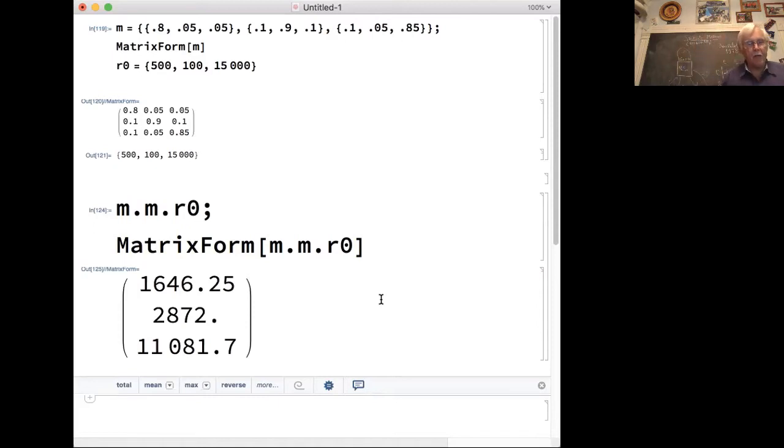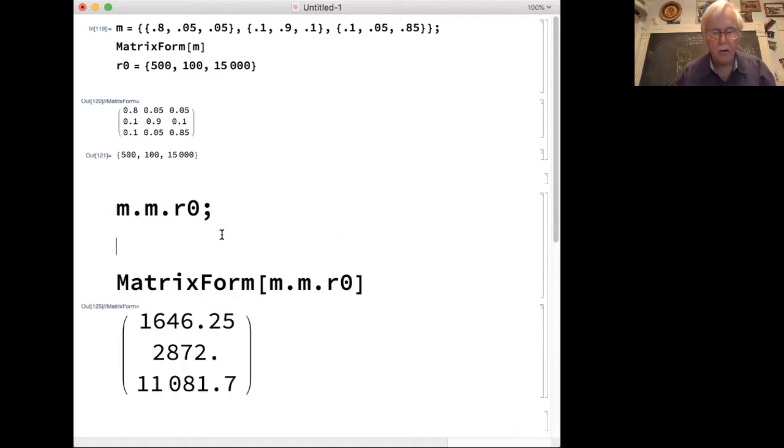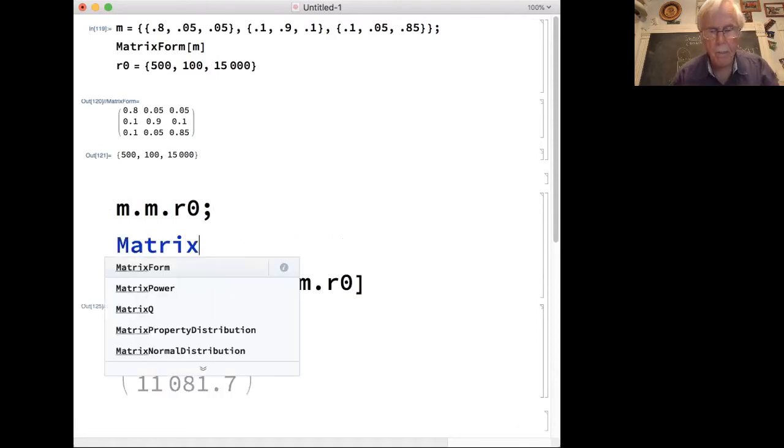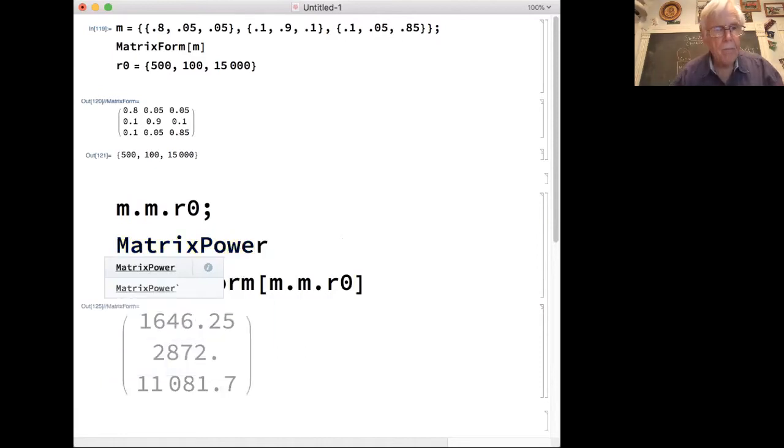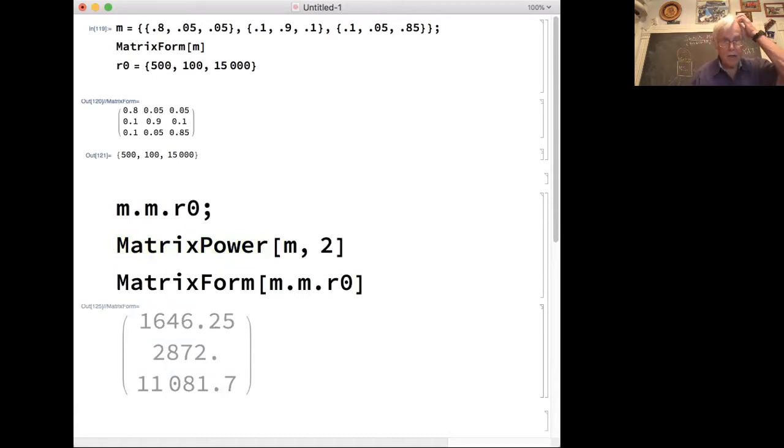What would happen after like 10 years? Well, there is a way to do some of this that's a little different than what we have. It's called matrix power. So if we take the matrix power of M, and let's say we just do 2 years, this should match up with what we have above.